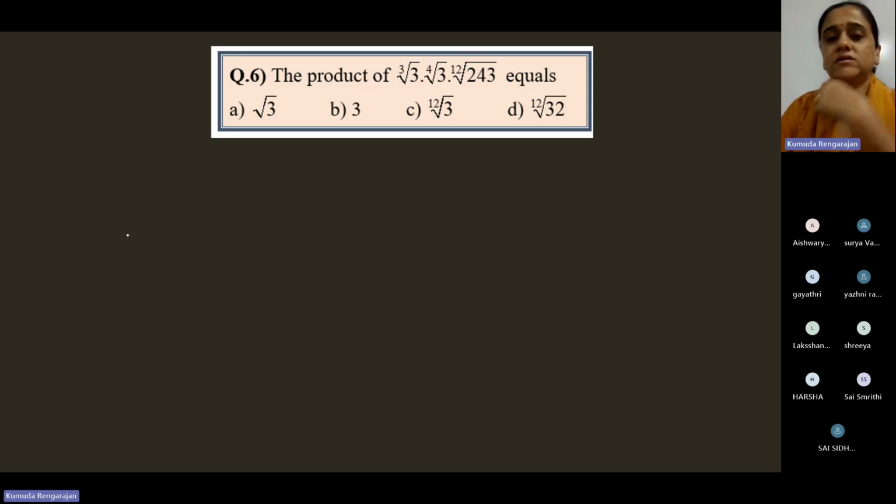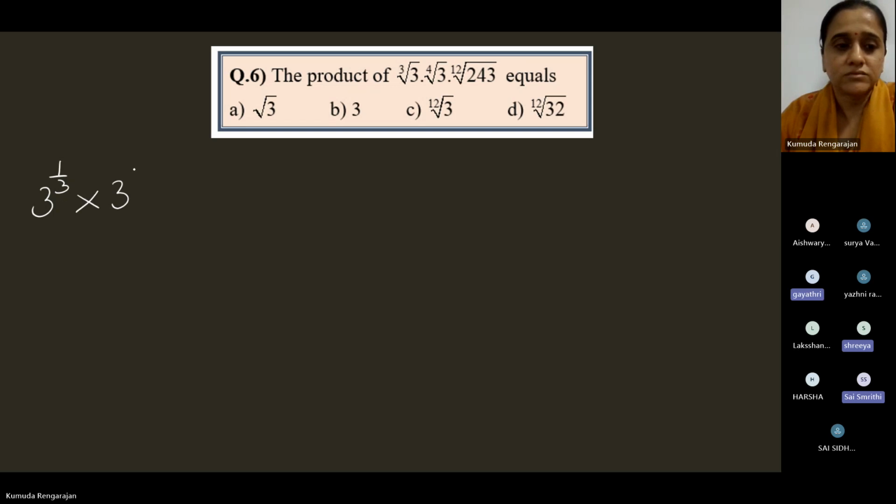So how do you write cube root of 3 in the exponential form? 3 to the power 1 by 3. Very good. Into 4th root of 3 in the exponential form? 3 to the power 1 by 4.